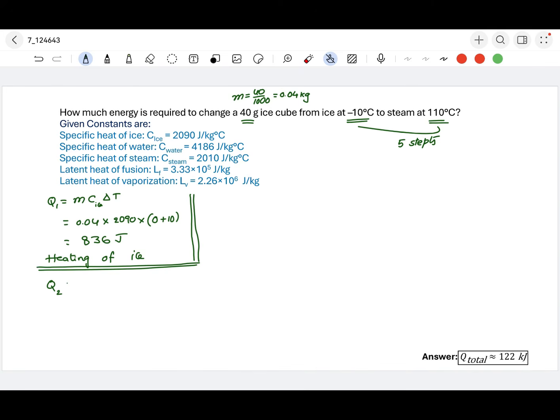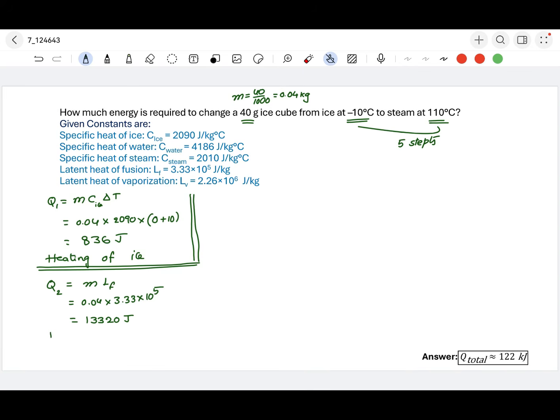Next, Q2. Phase change, melting. So Q equals m into L, that is L_F. So that is equal to m is 0.04, L_F is 3.33 times 10 to the power of 5. 0.04 times 3.33 times 10 to the power of 5, the answer is 13320 joules.